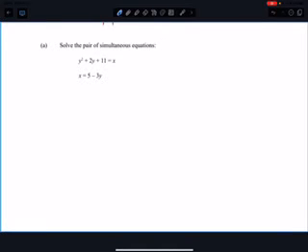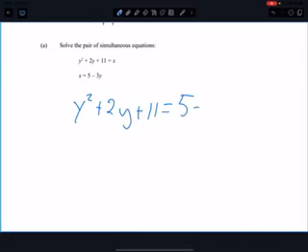Solve the pair of simultaneous equations. I looked at some very weird stuff. Students, if this is x, substitution, this goes there, done. y squared plus 2y plus 11 equals 5 minus 3y. It equals x, and x is that.